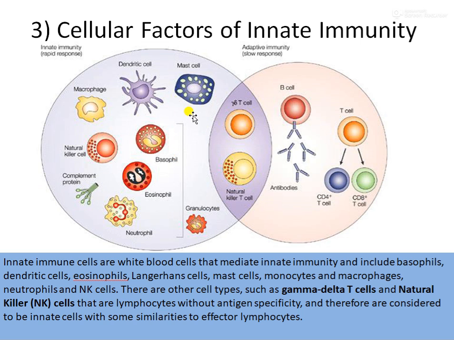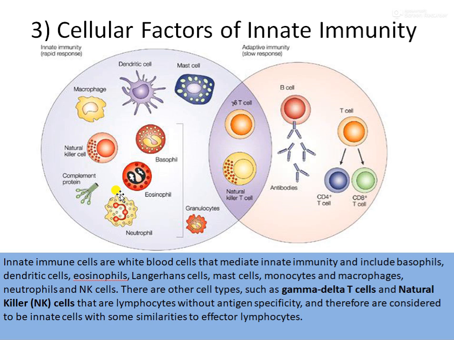The monocytes will differentiate in the tissues into macrophages. So from the blood, you have the WBC, the basophils, eosinophils, neutrophils, as well as the monocytes and the macrophages, which contribute towards innate immunity.